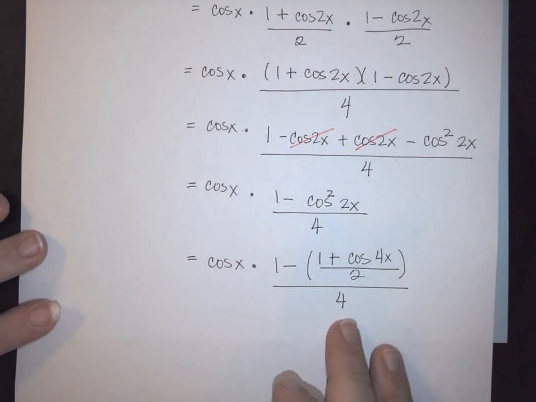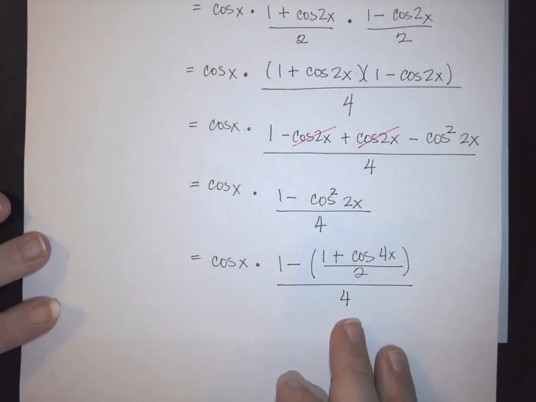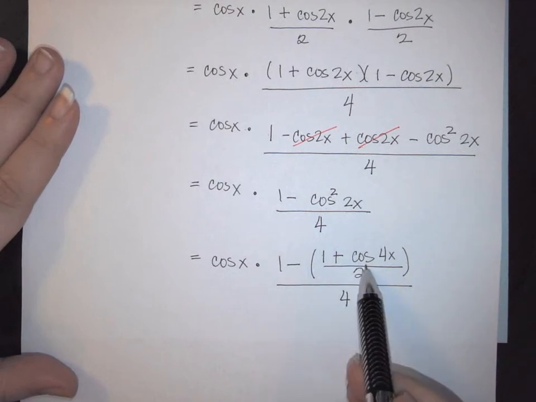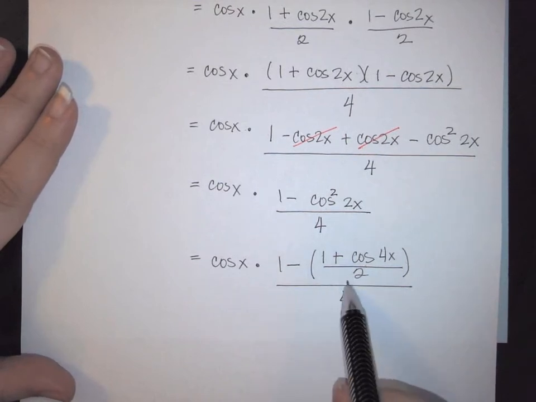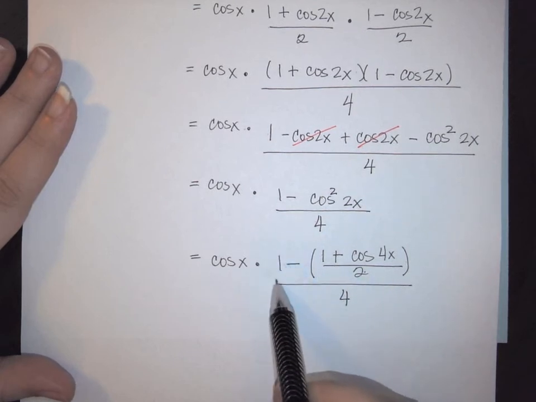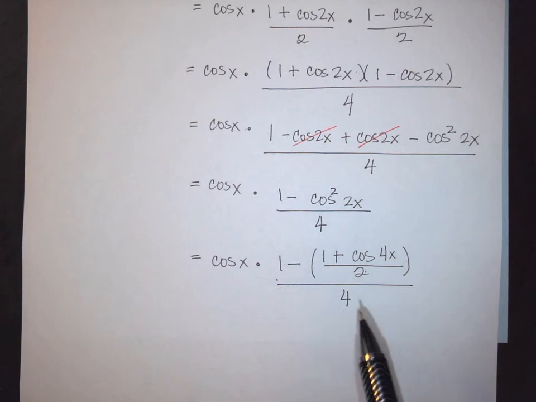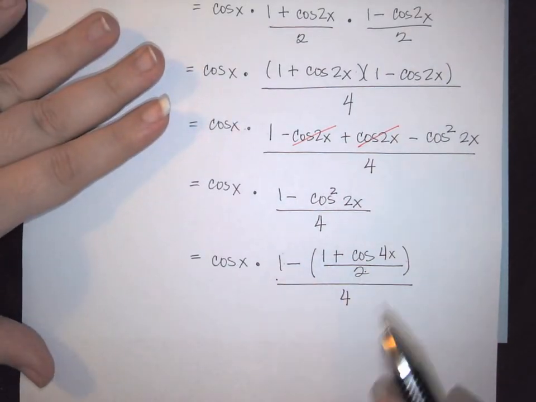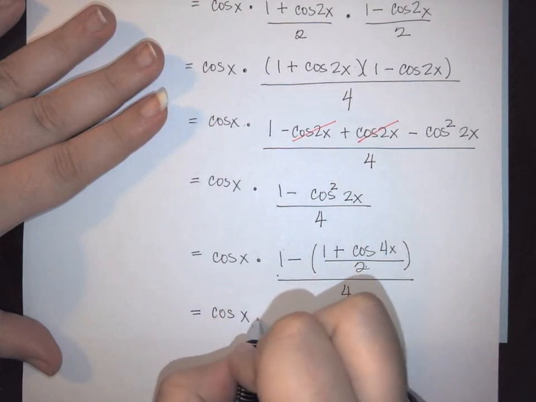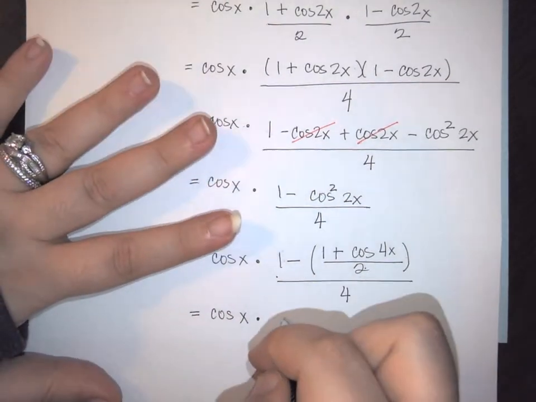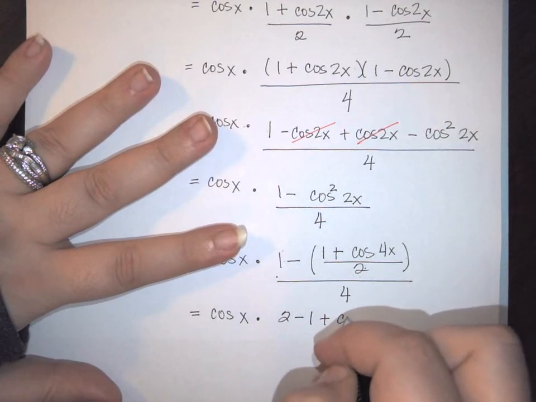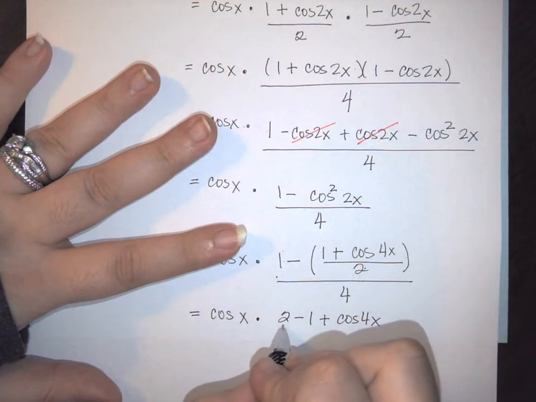So we need to be able to reduce this. And so first and foremost, you would have to combine your fractions across the top. And so here, this is a 2 on the bottom, and this right here is a 1. And so you have to turn this into 2 over 2. So what's going to happen here is we're going to have the cosine of x times 2 minus 1 plus the cosine of 4x.